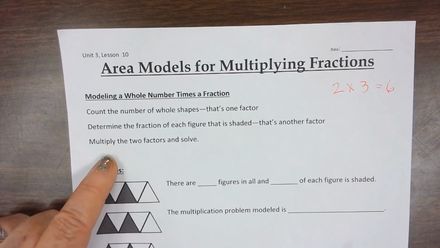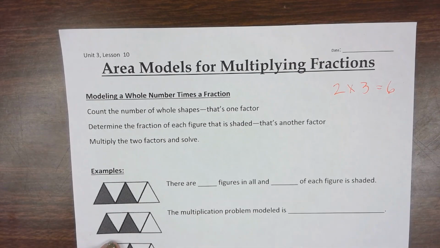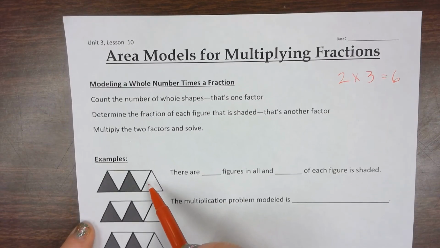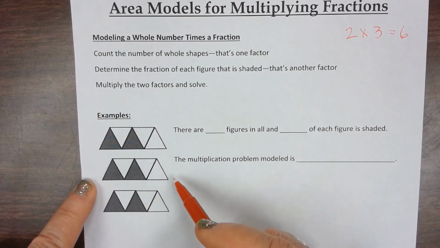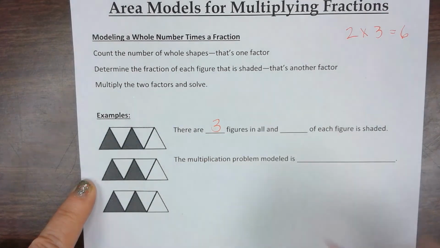So let's do this. Notice there are 3 shapes, 3 figures. And if I look at these 3 figures, I notice that 2 are shaded in each one.